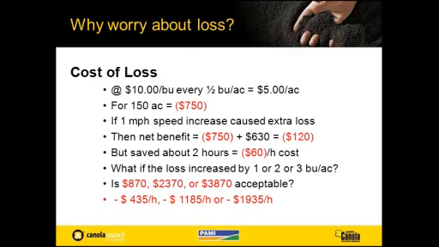So there was $750 of grain or seed thrown out for a $630 saving in cost. So it's costing you roughly $120, but you did save 2 hours. And in today's terms, $60 an hour for harvesting is not unacceptable. But that's a half a bushel. When we start talking 1, 2, 3 bushels an acre, all of a sudden those costs go extremely high, and it can get even worse than that. So people have to be very conscious of what that's really costing them.